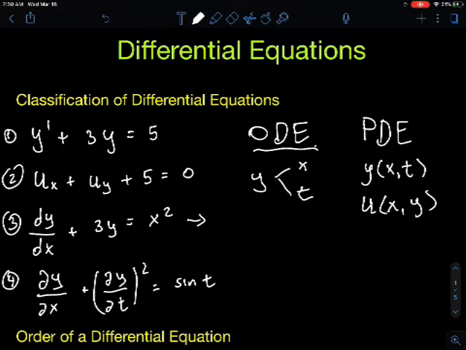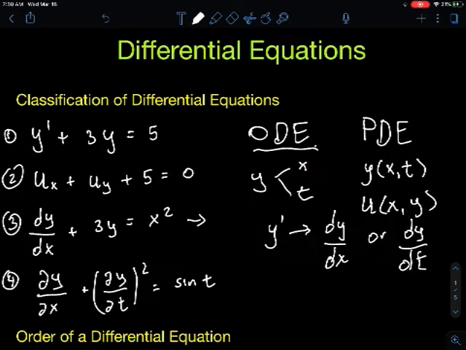In this equation it's not clear, but we can see that y prime is a simple first derivative, and we can assume that this refers either to dy over dx or to dy over dt. There are no more derivatives in the equation, that's the only derivative, so we can say that the first one is an ODE.